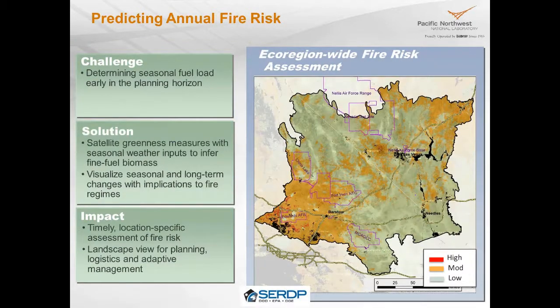Tool number 3, which we'll probably spend the most time speaking about, and what I was talking with Mike Pellant about at a meeting in Boise when he suggested we do this webinar, is also based on our work with the USGS collaborators in the Mojave ecoregion. That's what's being shown in the panel on the right.